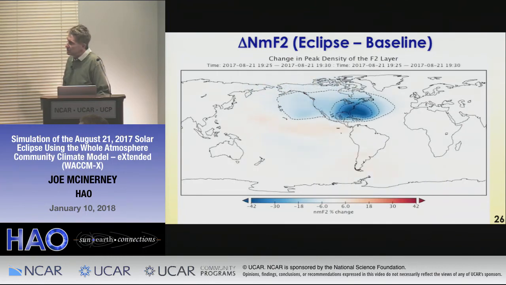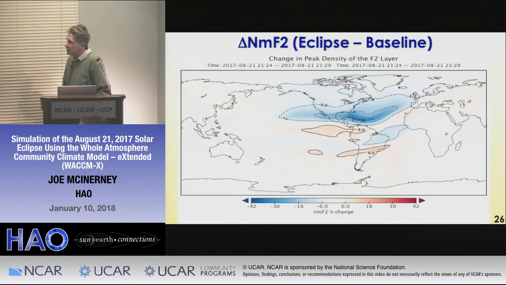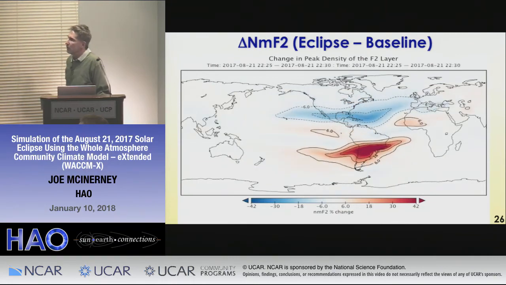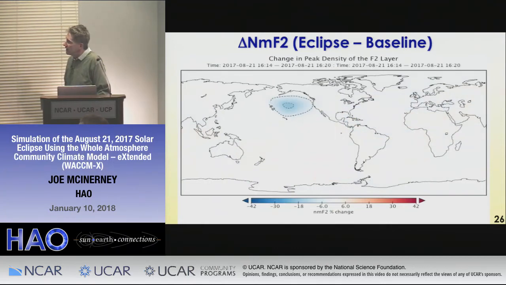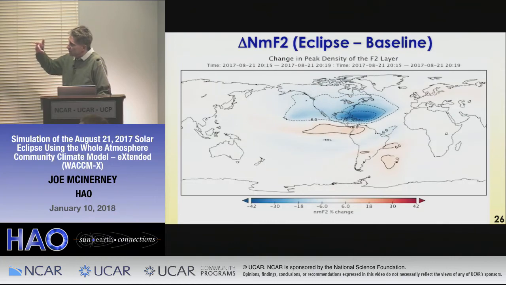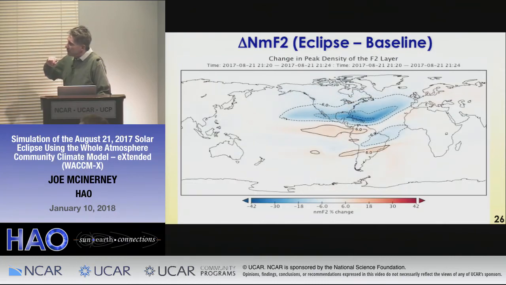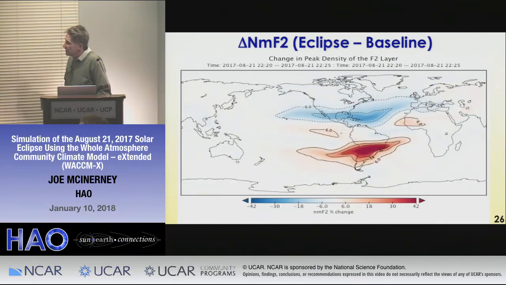This temperature decrease causes a perturbation in the wind. This perturbation in the wind propagates to lower latitudes and starts affecting the electrodynamics in the low latitudes. The electrodynamics in the low latitudes are what's responsible for these equatorial anomalies, and you can see the effects in the northern and southern hemisphere right near the equator in the equatorial anomalies.